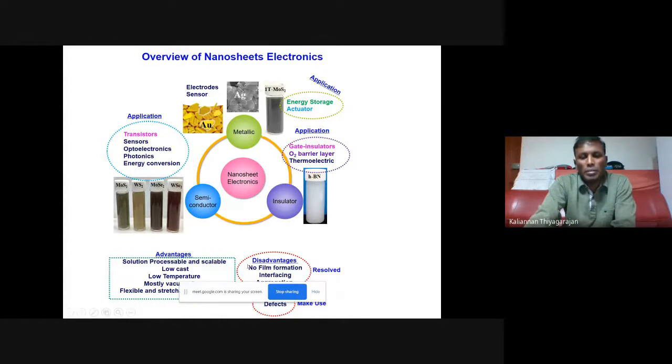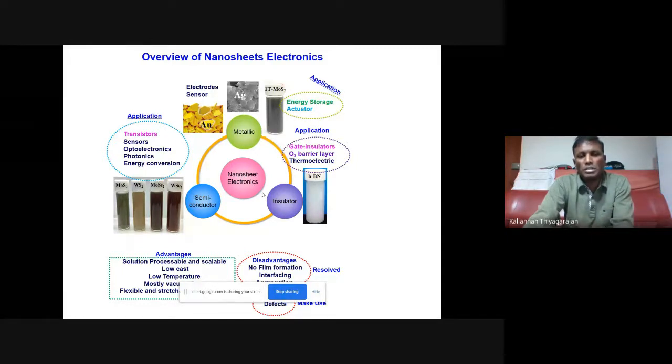And this 2D material is easy, it has low cost, and it is solution processable, so it is scalable, and low temperature processing is easy. The same 2D material as a thin film, people used to grow by CVD, chemical vapor deposition, or RTA, rapid thermal annealing techniques. Those really use vacuum and high energy consumption, take a long time, the quality also matters, and scalability becomes a problem.